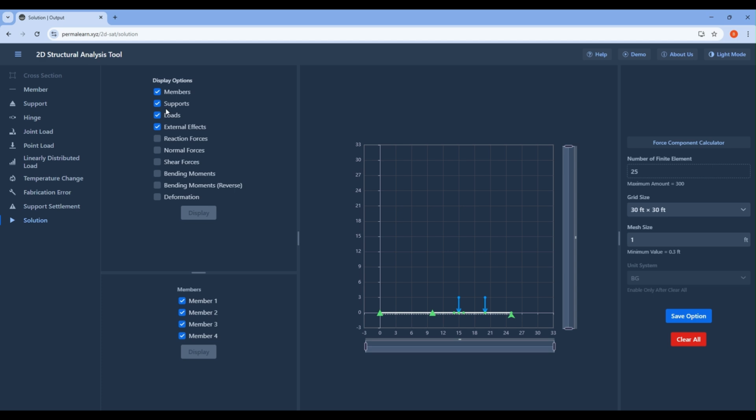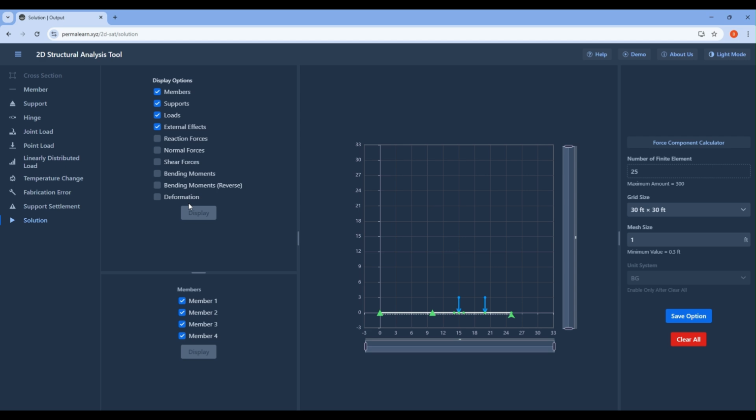In the solution, we have many options where you can show the member, the support, the load, the external effect, the reaction forces, the normal forces, the shear forces, bending moments, and also the deformation or deflection. In this exercise, they ask us to compute the reaction only.